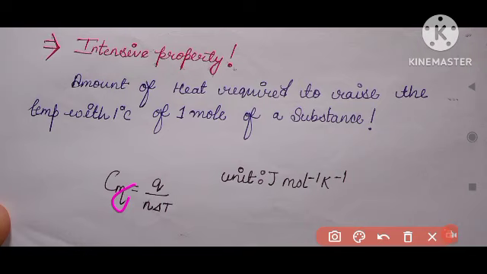So its formula will be Cm equals heat by n delta T. Its unit will be, what is the unit of heat? Of course joule. So joule, the unit of n is mole, and temperature is Kelvin. So joule per mole Kelvin.